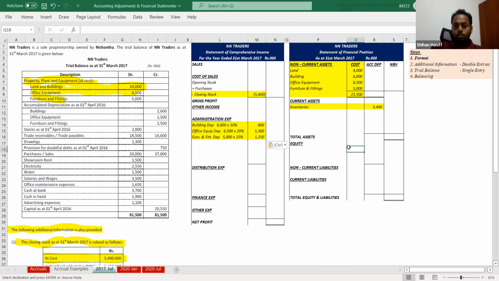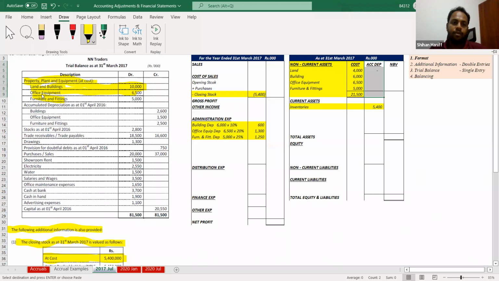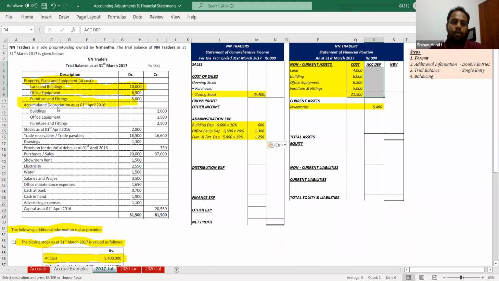Okay. Now the accumulated depreciation. So what is meant by accumulated? Accumulated means adding the total depreciation, that means previous year depreciation plus this year depreciation. So here we have accumulated depreciation as at 1st April 2016, and we have already calculated current year depreciation.